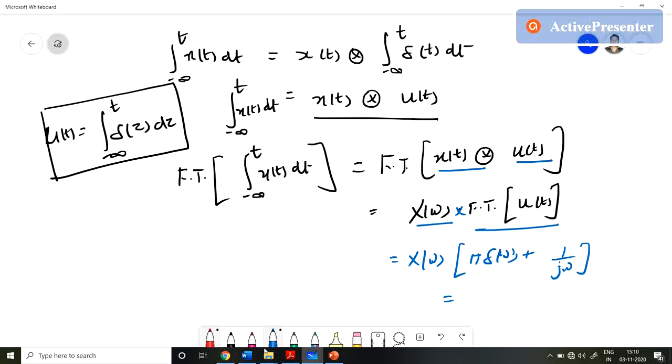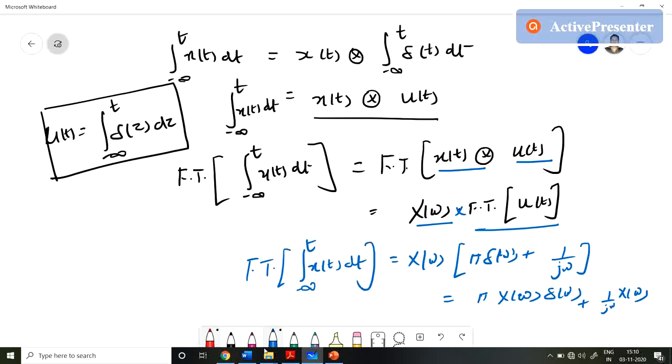So we have pi X(omega) delta(omega) plus 1 divided by j omega into X(omega), and that is equal to the Fourier transform of the integral from minus infinity to t of x(t) dt.